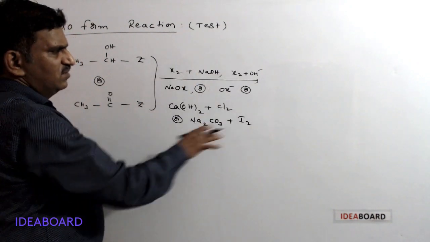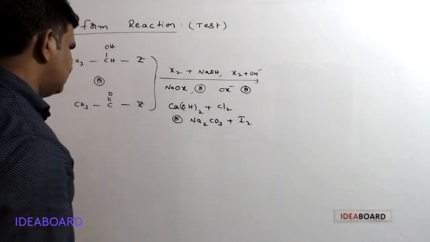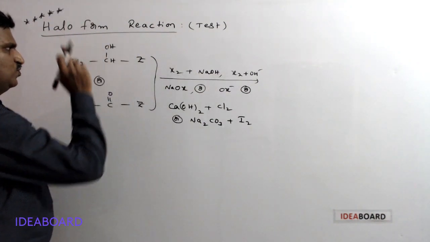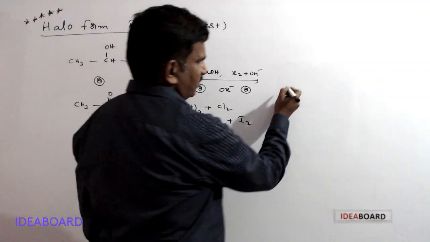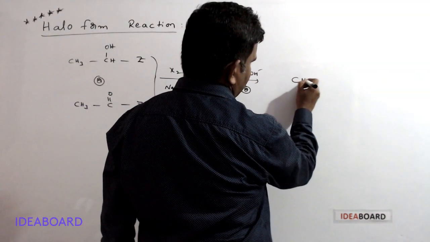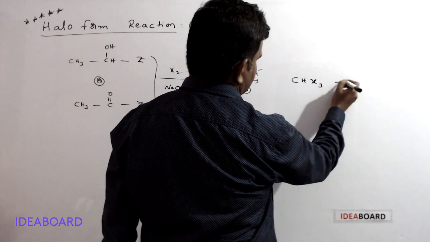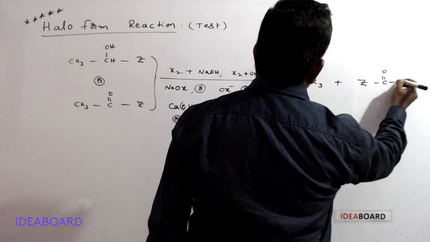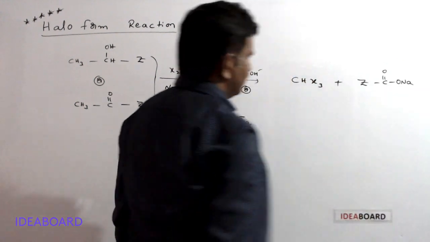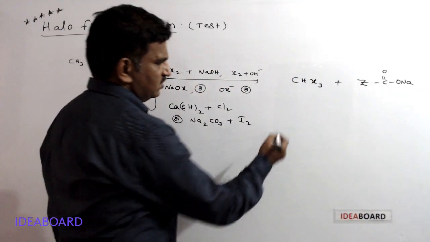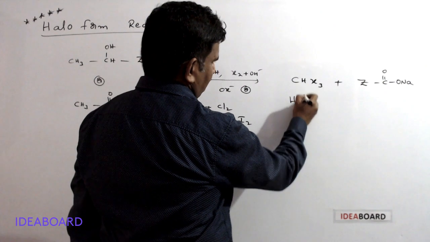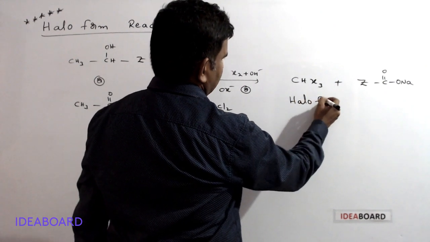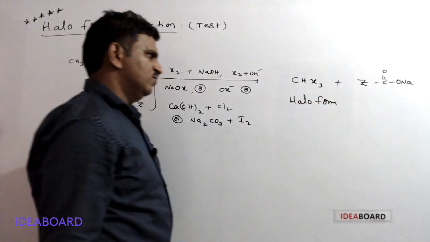Any of these is taken for this reaction. If you are taking X2, then the main products are CHX3 plus ZCOONa. This CHX3 is called haloform.